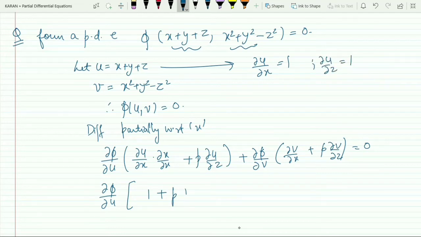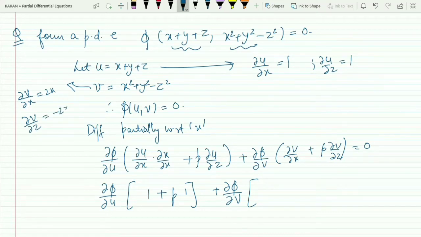Now what is my v? v is x square plus y square minus z square, so ∂v/∂x will be 2x and ∂v/∂z will be minus 2z. So just substitute the values here. So this will be 2x minus 2z into p equals 0.